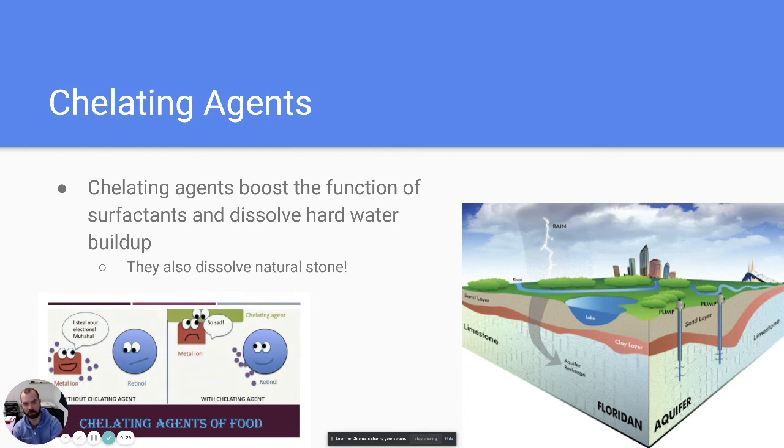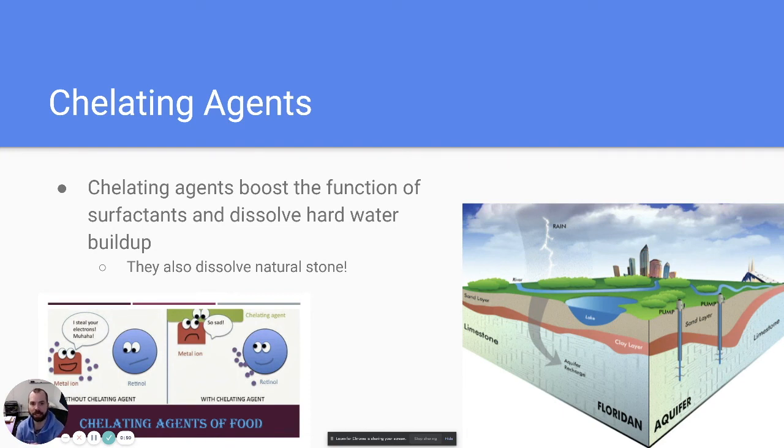They go over to it and they steal all of the electrons from every single little calcium molecule. And what then happens is that calcium ion no longer wants to bond with all the other calcium ions that are surrounding it. It instead dissolves into our cleaning products.